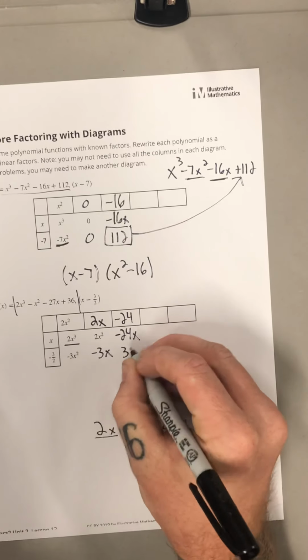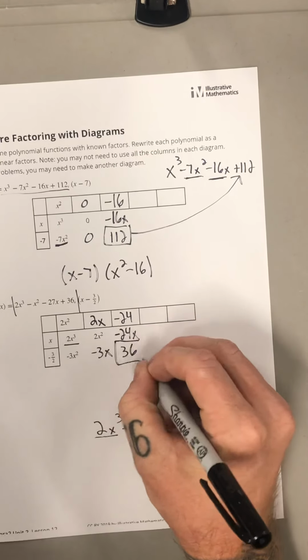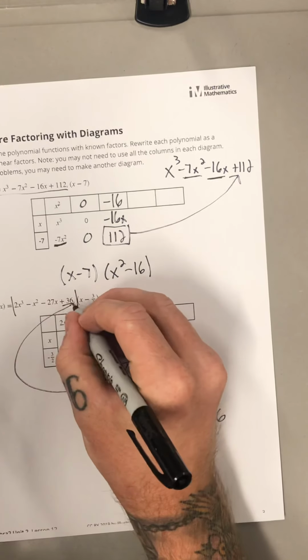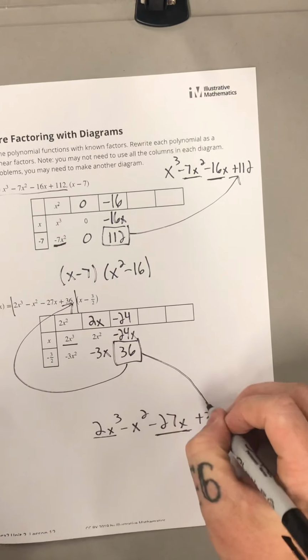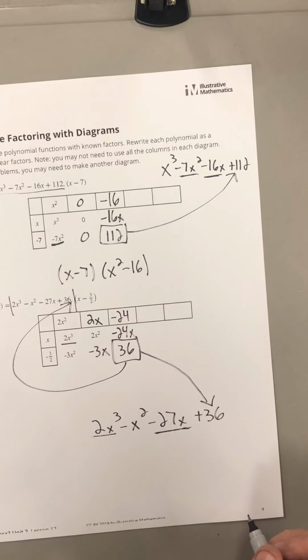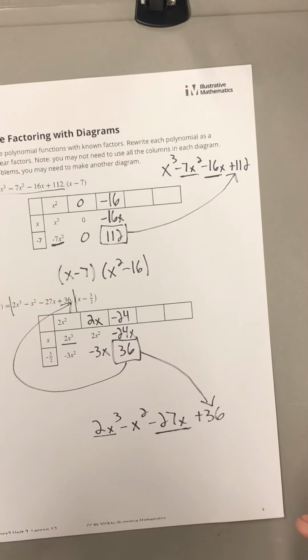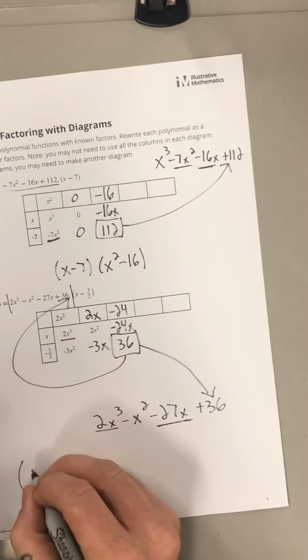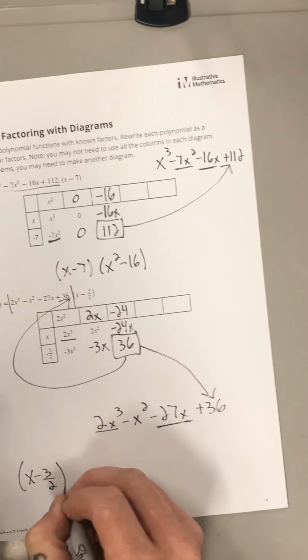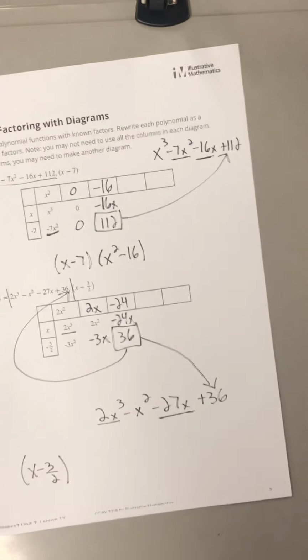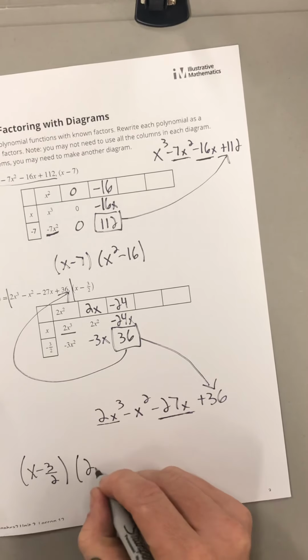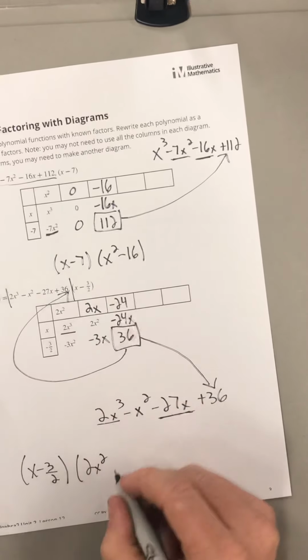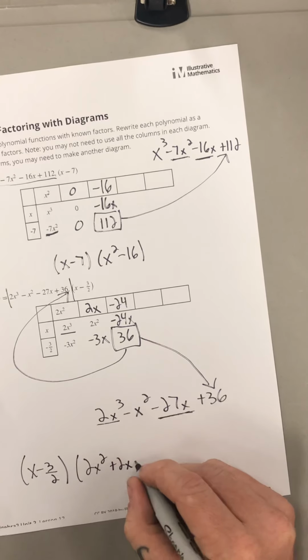So this is 36. And if you look at that, that's the last term in our polynomial. So we did it correctly. So then to write it as a factored form, it's x minus 3/2 times 2x squared plus 2x minus 24.